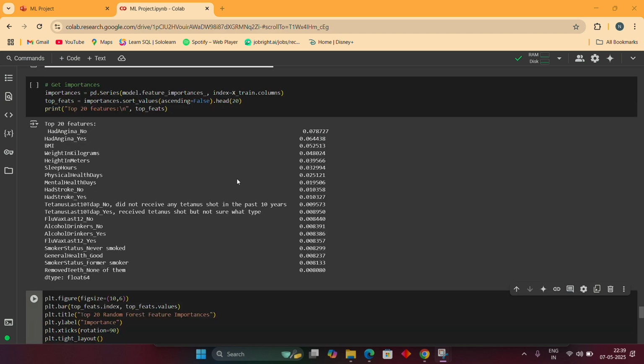It turned out that the attributes were if the patient had angina, BMI, the weight, the height, the number of hours the patient sleeps, physical health days, mental health days, if the patient had stroke, and factors like smoking, if the patient was a former smoker, and alcohol drinker.